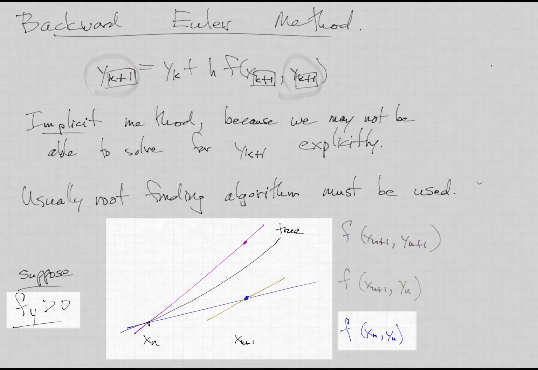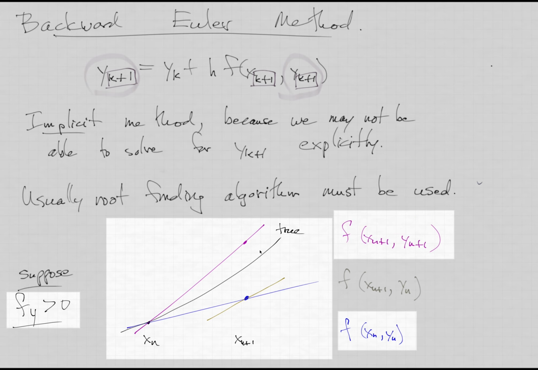On the other hand, the Euler-Backward method is based on getting the slope at the new point. Choosing a new point here so that when you calculate the slope from the old point to the new point, it comes out to be the value given by f at the new point.